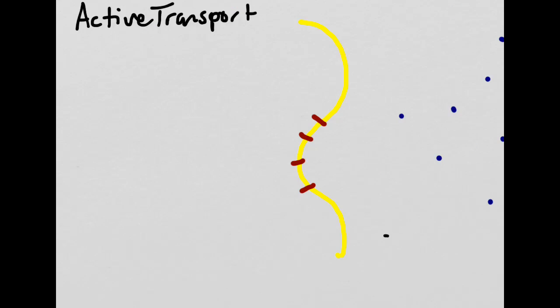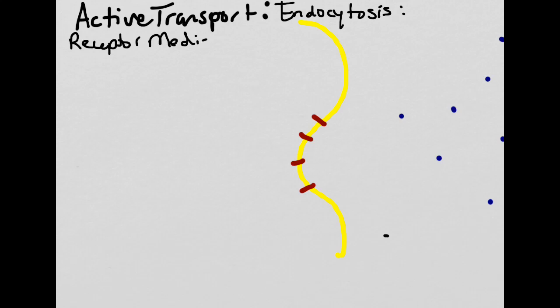Okay, another type of active transport, actually a type of endocytosis, is called receptor mediated endocytosis.